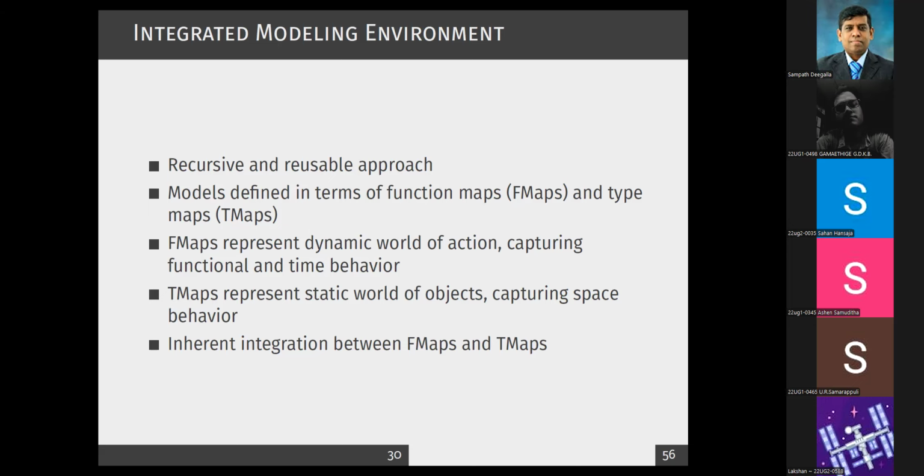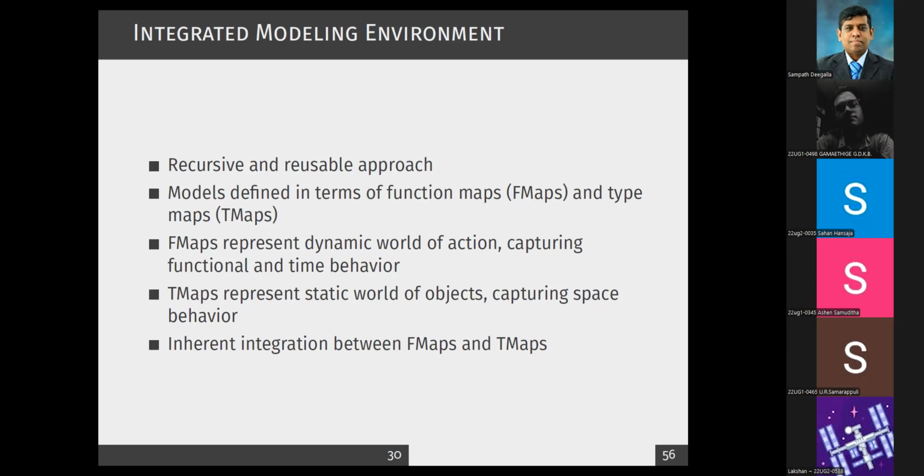And finally, using these two types of maps, we can ensure functionality and also structure. They are connected to each other. Remember, the functions are captured in F maps, whereas the structures are captured in T maps. So by using these two, they confirm that they capture the functionality as well as the structures, and that they are connected to each other. That's the idea they were mainly referring to.